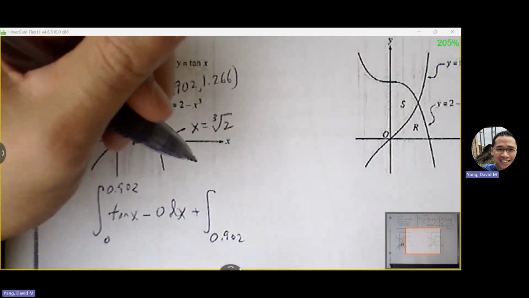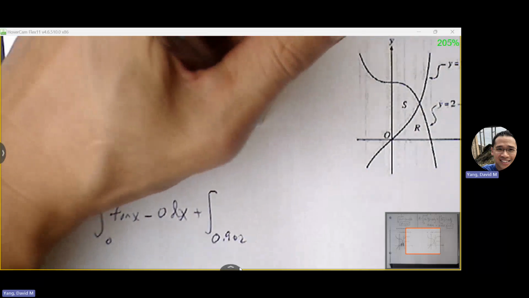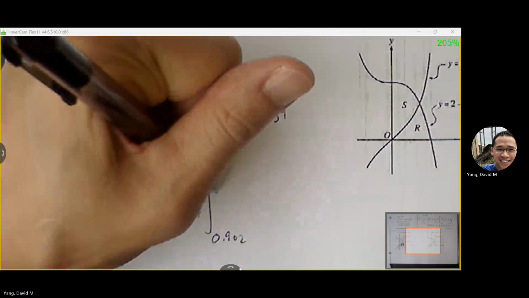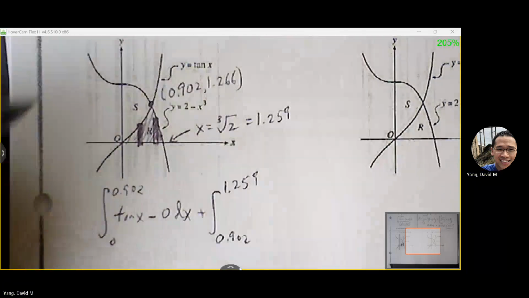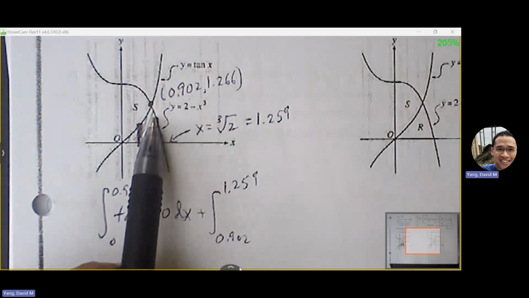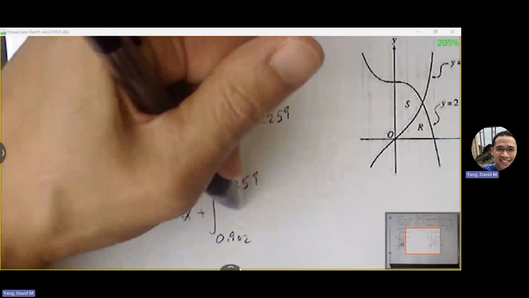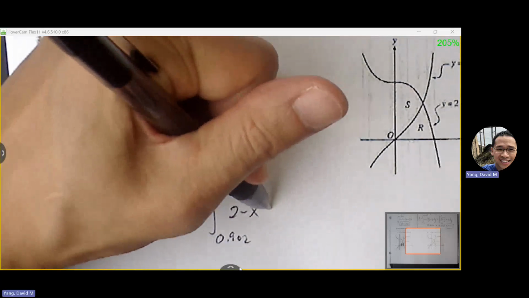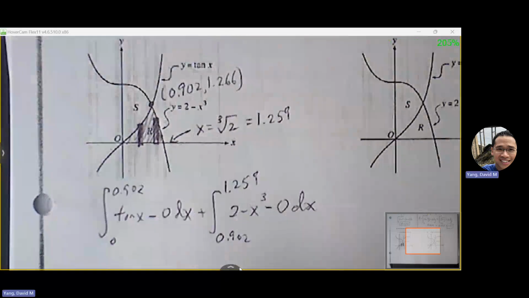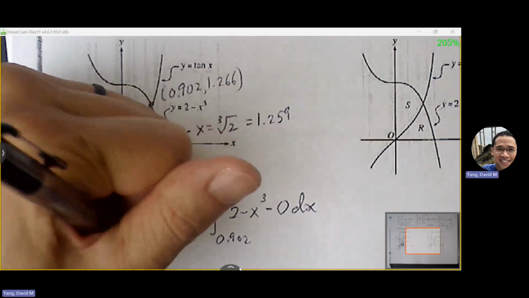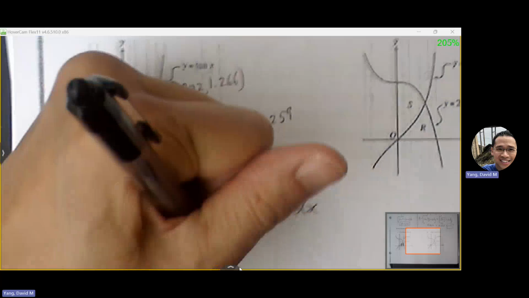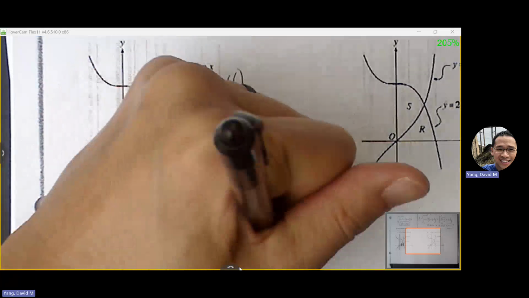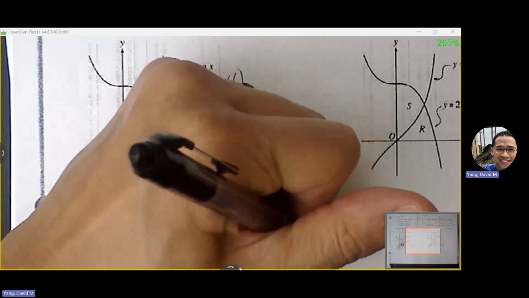Or it can be represented as decimal 1.259. The top of my second region, the top of my rectangle, is sitting at the 2 minus x cubed. The bottom is sitting at the 0. I get 0.478 plus 0.251, and I get 0.725.